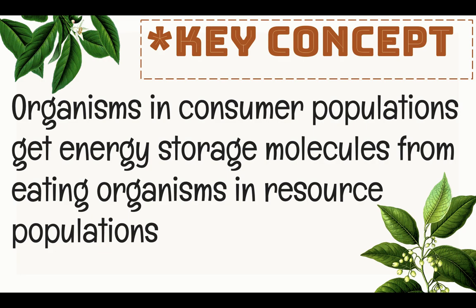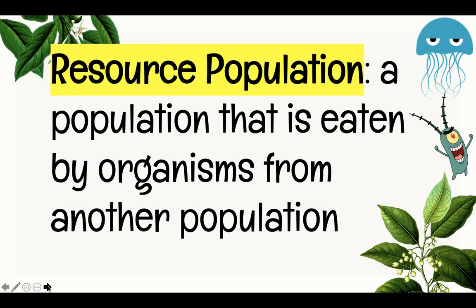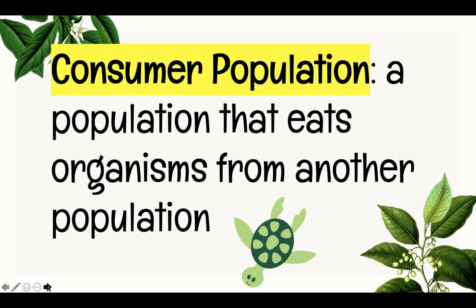Each one of those four populations were consumer populations. They eat other things to attain their energy storage molecules. A resource population is the population that is eaten by another organism from a different population. And the consumer is the one that eats the other population.